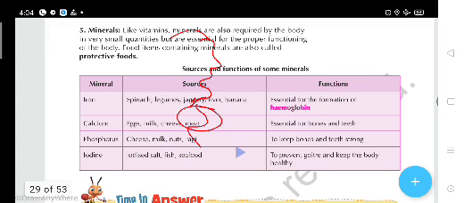These symptoms in the neck are called goiter disease, and it occurs due to the deficiency of iodine in our food. It occurs in the thyroid gland. In further classes you will study about this.